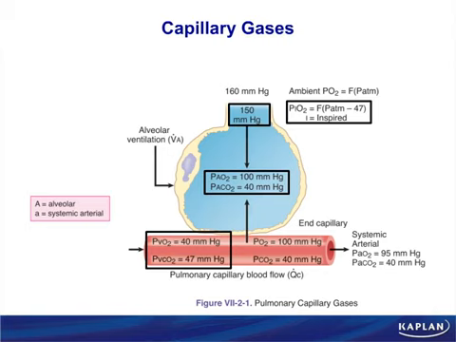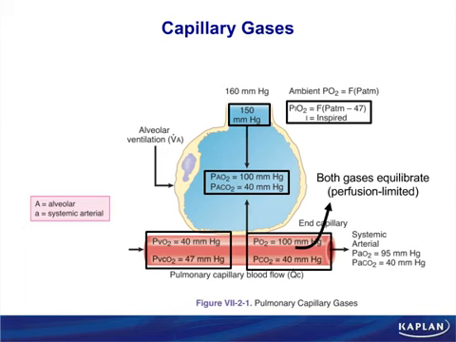They're going to diffuse based upon pressure gradients. Notice by the time we get to the end of the capillary, the PO2 has equilibrated with the alveolus. It's now 100. We went from 40 to 100. And the CO2 has now equilibrated with the alveolus. We went from 47 to 40.